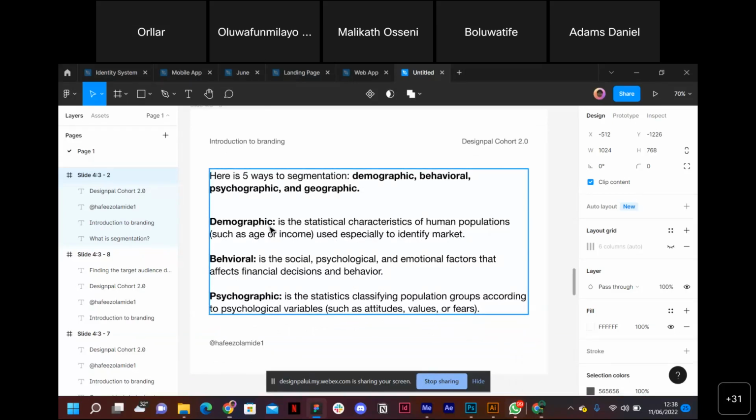Do you understand? So demography is more like, I'm trying to classify my users using their ages and their income, their earnings. Maybe from so amount to so amount, these are the people who earn this amount. Or I'm trying to push out my brand for ages between 12 to 45.